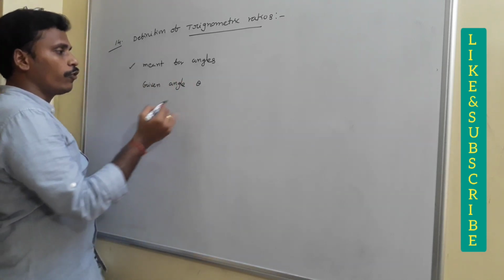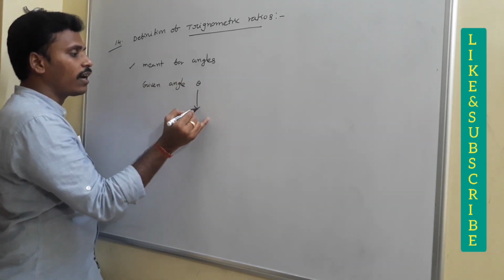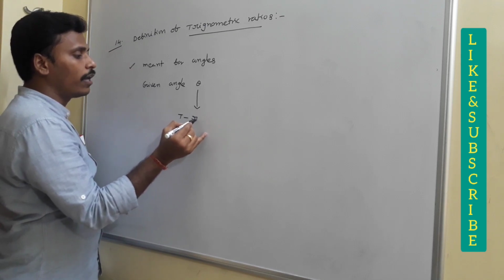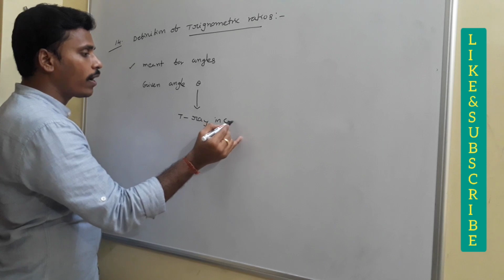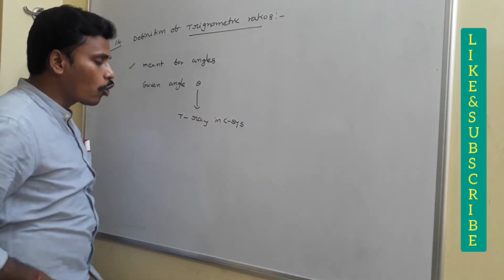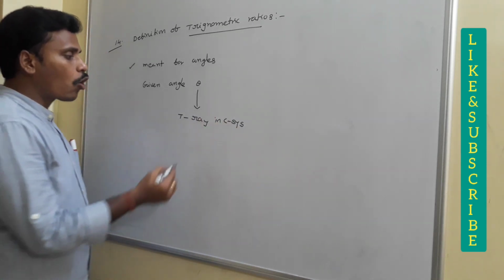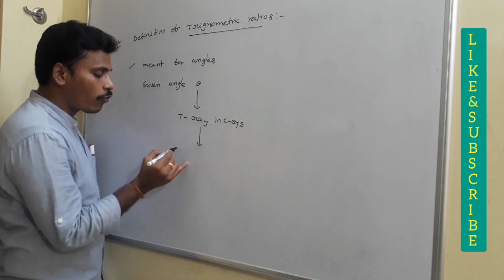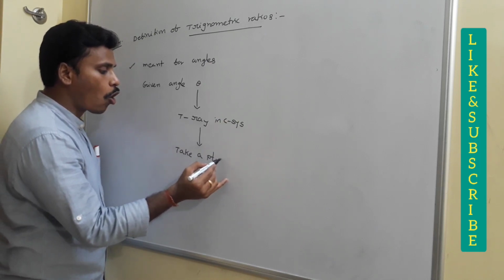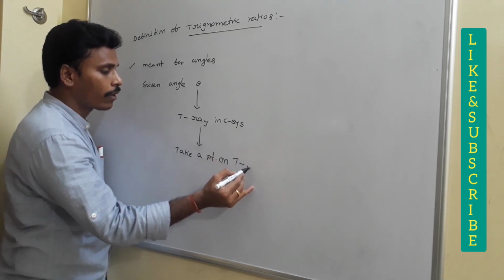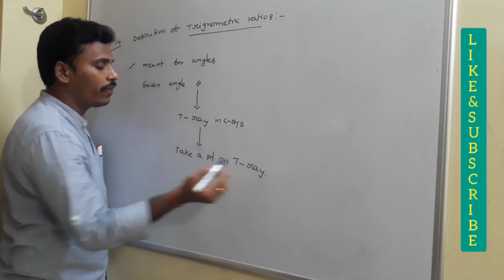And next, if you have an angle theta, you need to locate a terminal ray in the coordinate system. After locating the terminal ray, the next step is you need to take a point on the terminal ray.